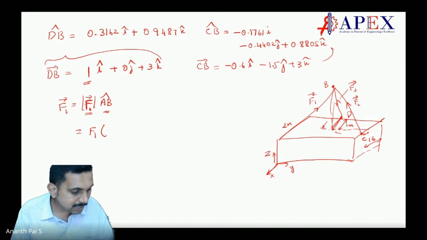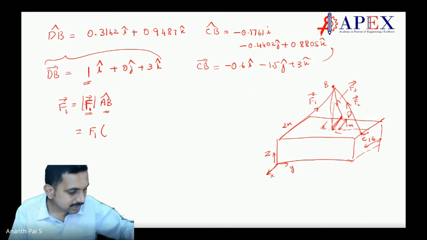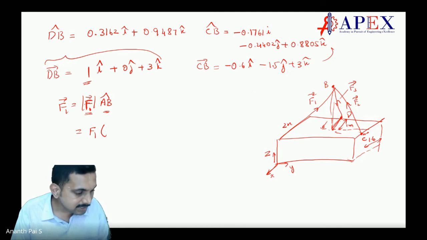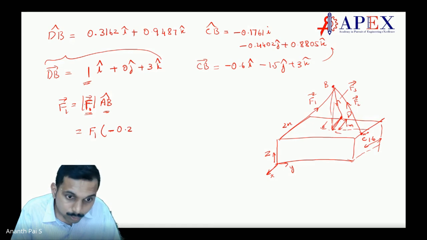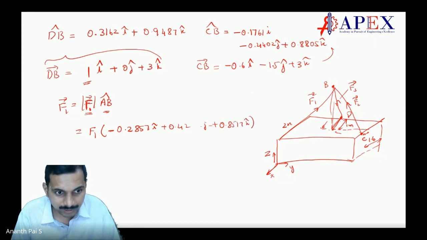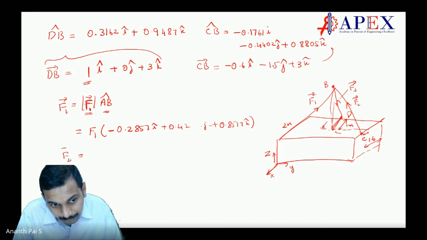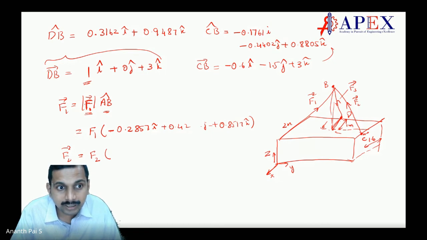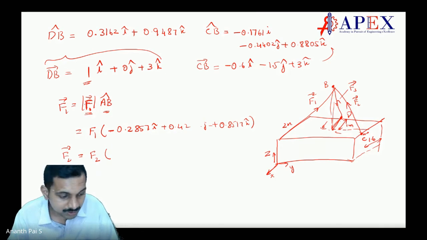AB has come as minus 0.2857i plus 0.4286j plus 0.8517k, correct, into F1. Similar way, F2 as a vector will become equal to F2 magnitude into the unit vector CB. F2 is with this. So what is CB?